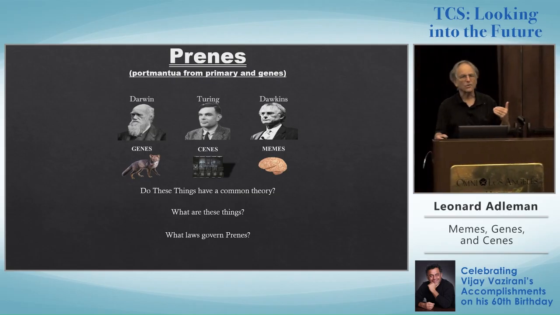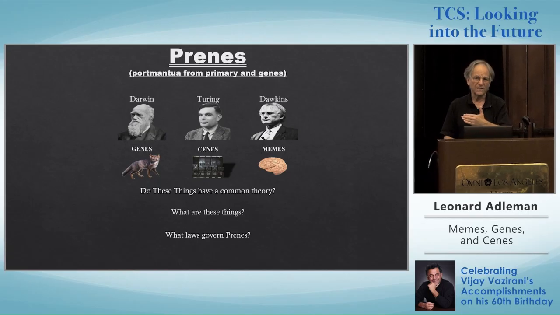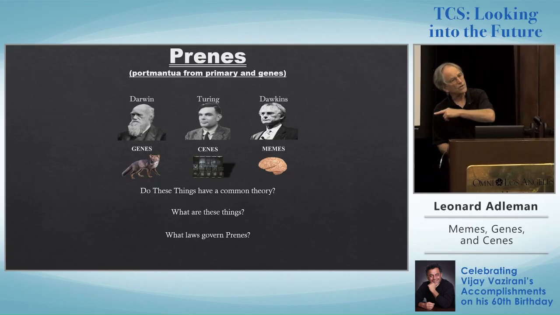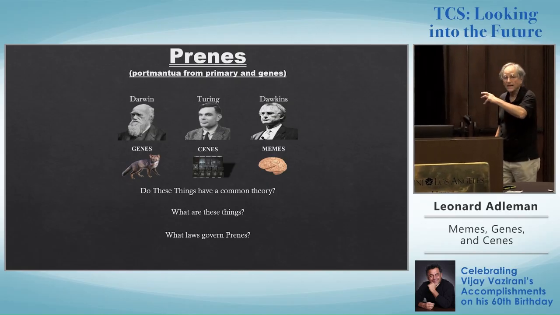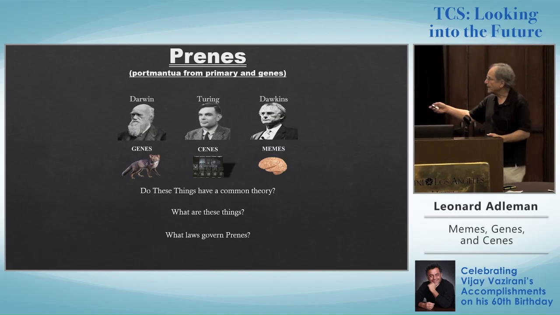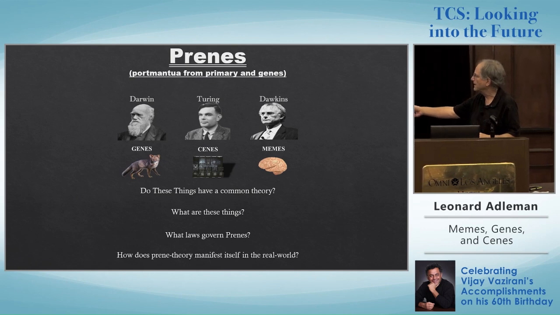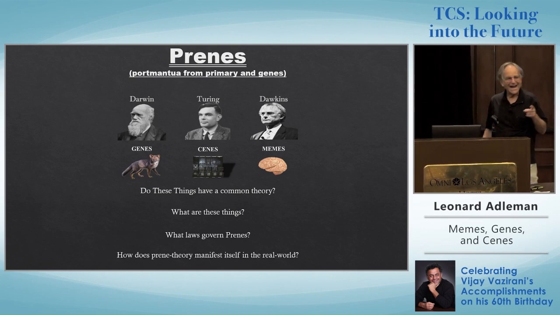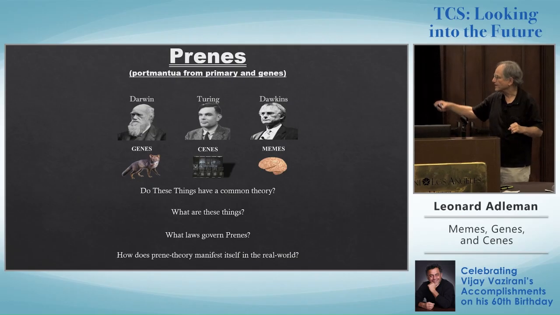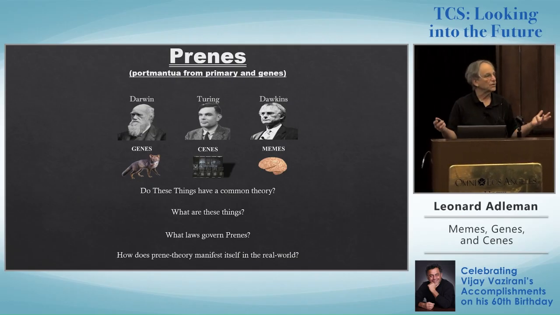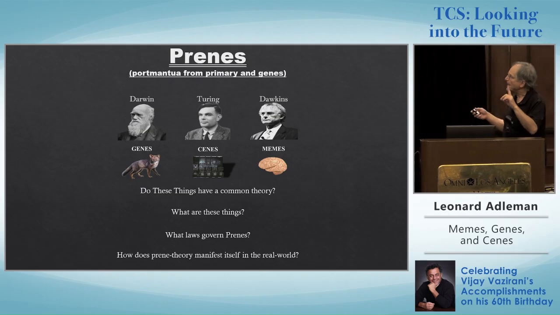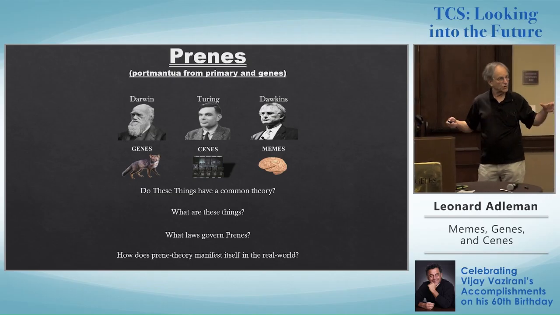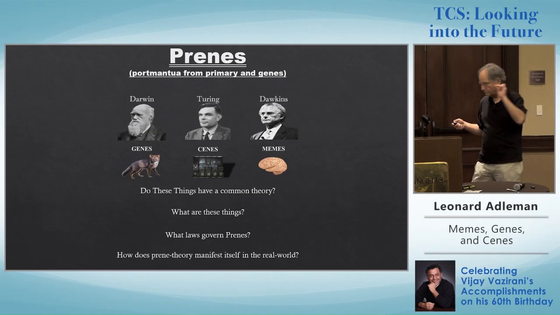Also, I discovered that there were additional laws yet to be determined that also govern these things, these preens. And so those are in the book. And finally, I was interested in how preens and preen theory manifests itself in the real world. Does this matter? Okay, so obviously I can't do too much in this talk, but I want to do some.